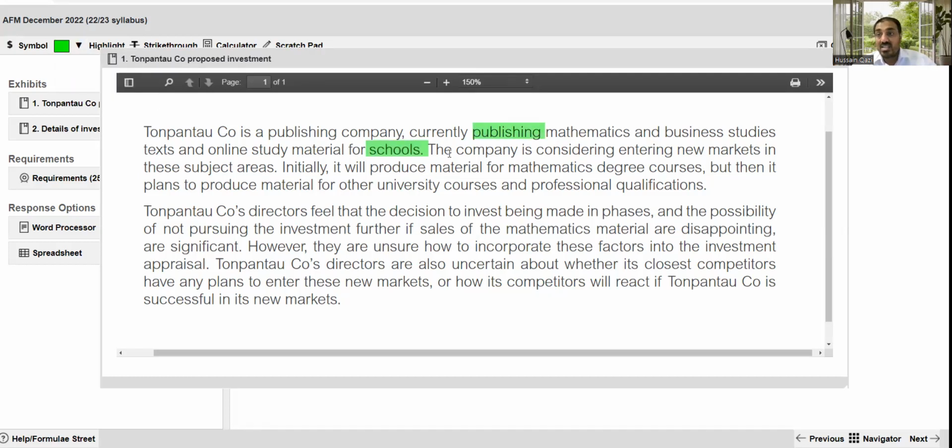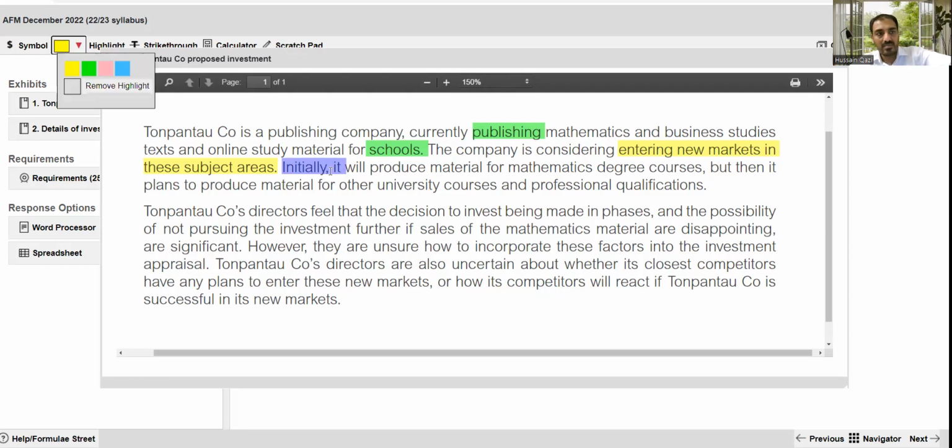Now what they are doing: the company is considering entering new markets in these subject areas. Right now they are working with schools, but now they are going to enter new markets.